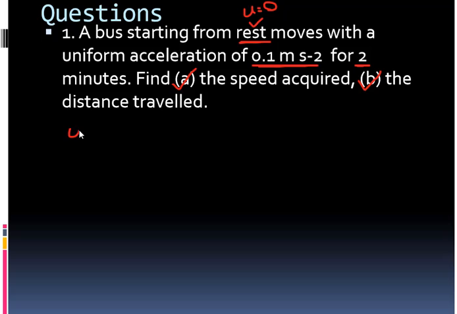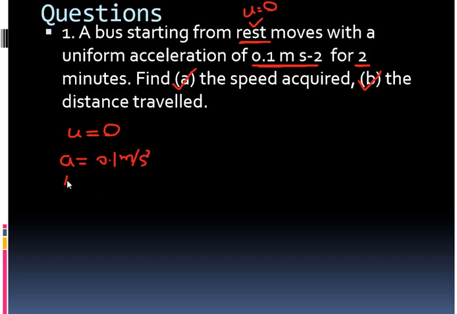So here u is equal to 0. Acceleration a is equal to 0.1 meter per second square.